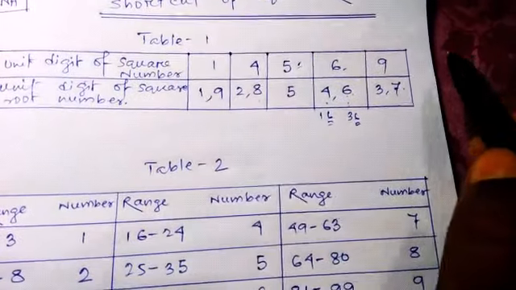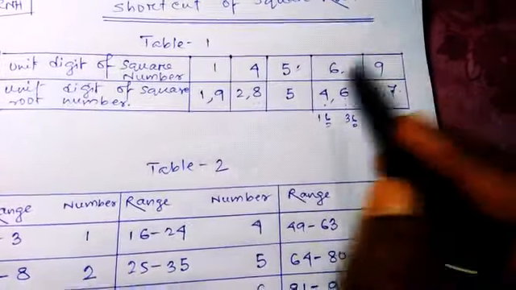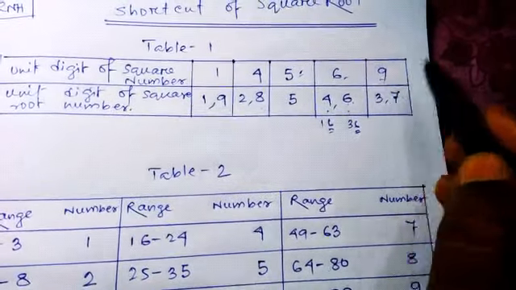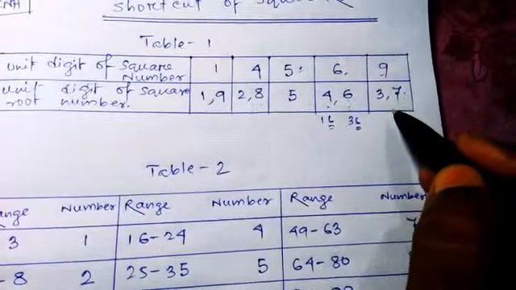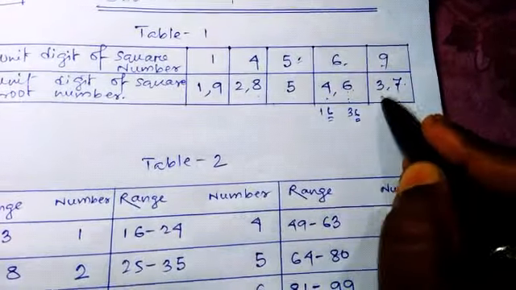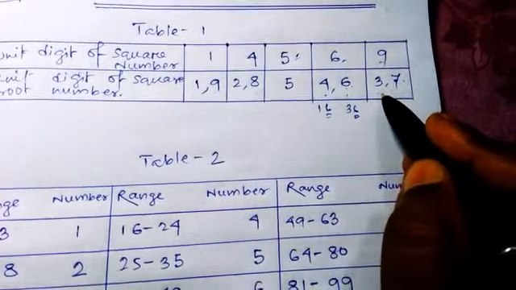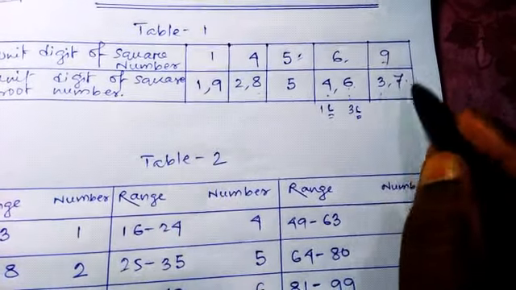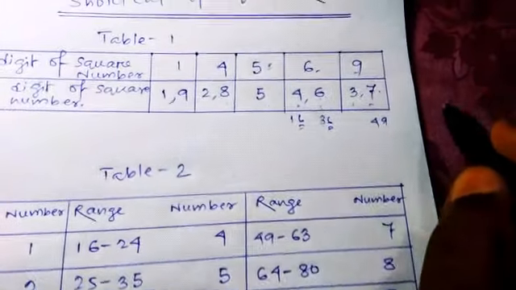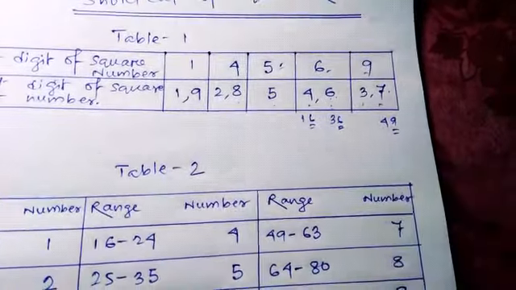And if the unit digit of square number is 9, then the unit digit of square root will be either 3 or 7, because 3 into 3 makes 9 and 7 into 7 makes 49. So the unit is also 9.